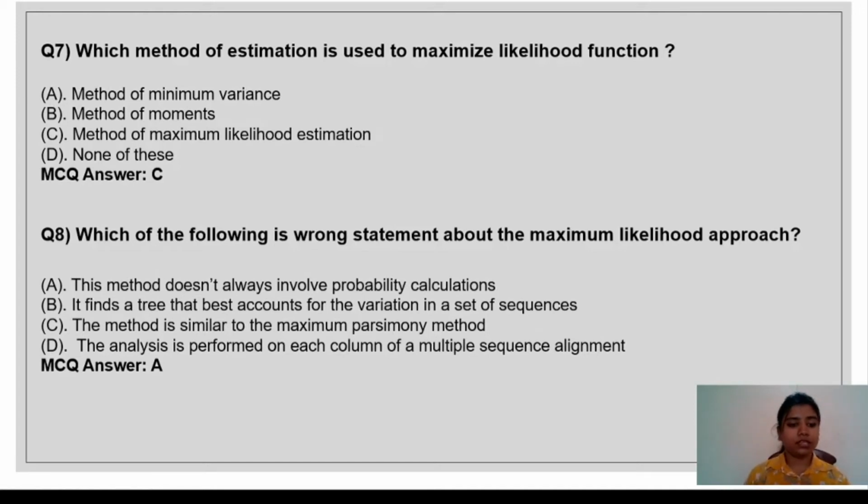And option D is the analysis is performed on each column of a multiple sequence alignment. So here option A is the answer, as it says this method doesn't always involve probability calculations. As we have seen in the example, it includes the probability calculation. So it is a wrong statement over here.